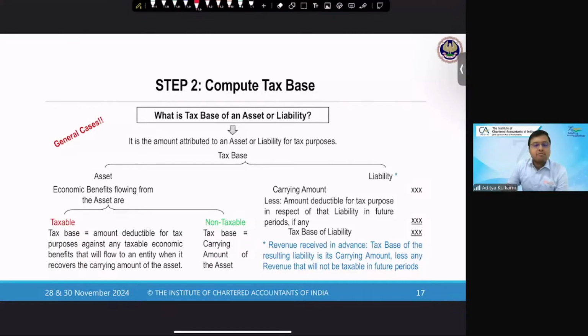What is the tax base of an asset or liability? Again, I'm telling you, in examination or even in practical life, at least this method has worked for me. I remember only this. It is the amount attributed to an asset or liability for tax purposes. Don't go into this technicality.